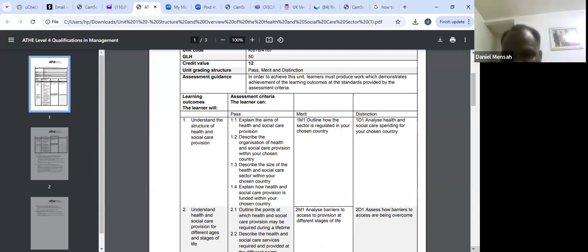Like I said, how you present your assignment determines whether you fall into a pass, a merit, or a distinction. A merit is where you are able to explain in more detail when the questions are asked, and a distinction is when you have supporting evidence in your pass and merit submissions.